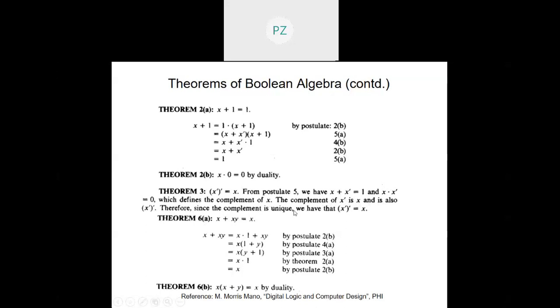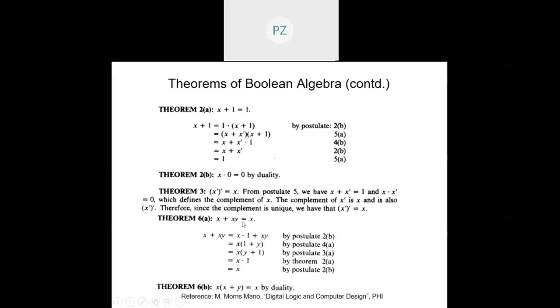And since the complement is unique, we can conclude that x dash dash is equal to x. So interesting proof. On one side, I'm using the definition to say that the complement of x dash is x. And from the notation side, I know that the complement of x dash is x dash dash. And since it is unique, I can conclude that x dash dash is equal to x, right?